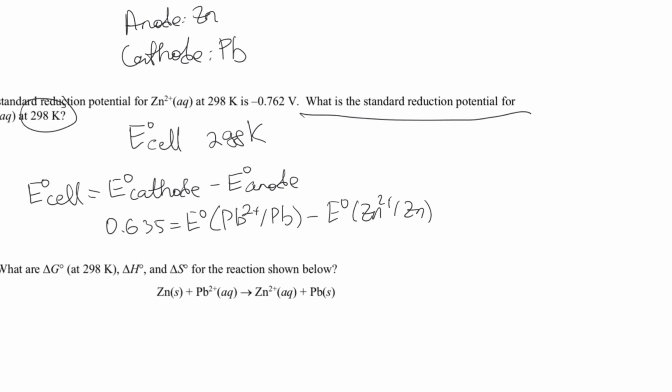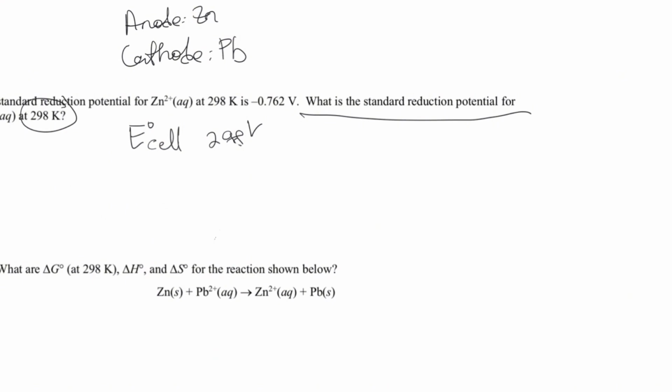Now we have all of these values and we just need to find our potential for lead. Let me clean this real quick. So 0.635 is equal to x, where I'm calling x the potential of Pb2+ to Pb, minus negative 0.762.